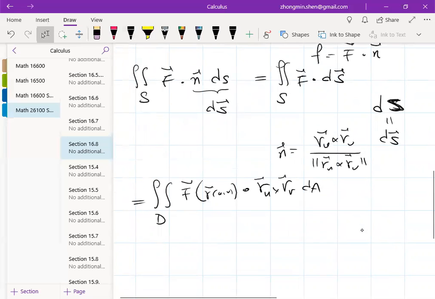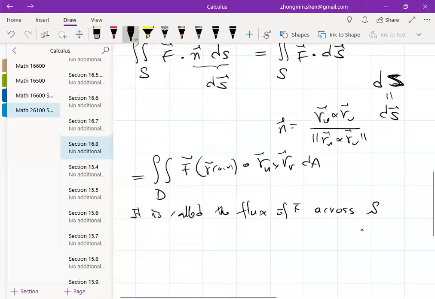Okay, this integral has a name. It is called the flux of F across the surface S. There is some meaning to this.